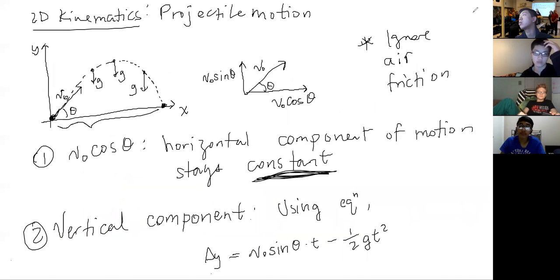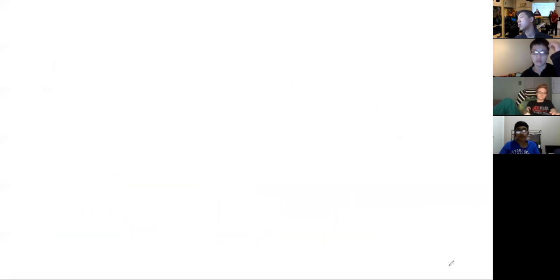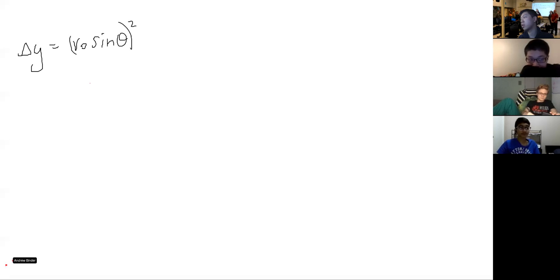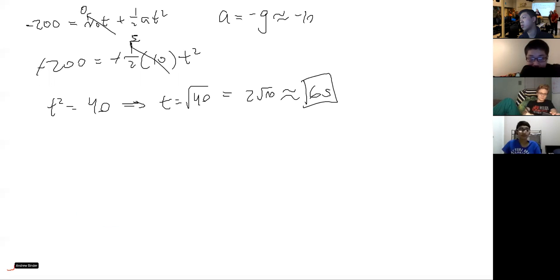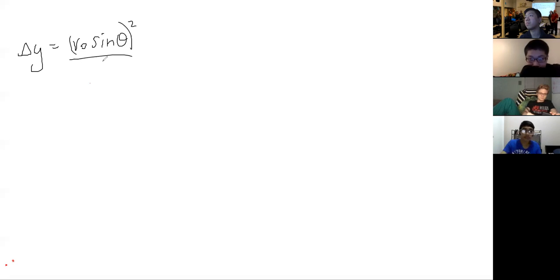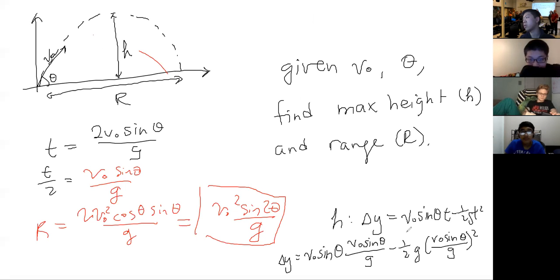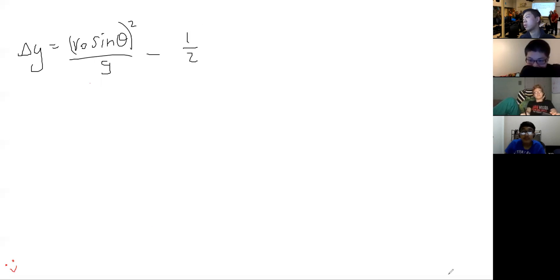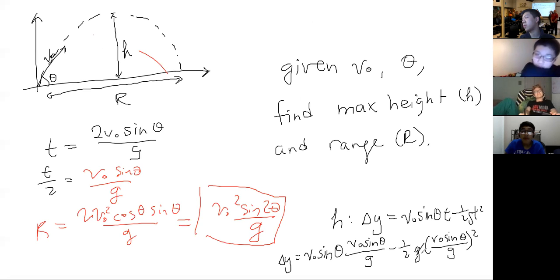I'm gonna go back one. I have this saved, so I have to copy all this over. v naught sine theta squared over g minus half g, and then the g's cancel, right?